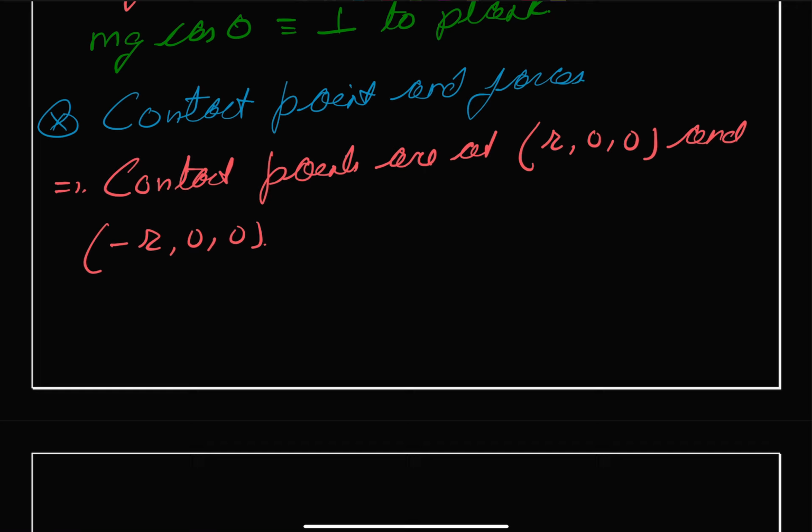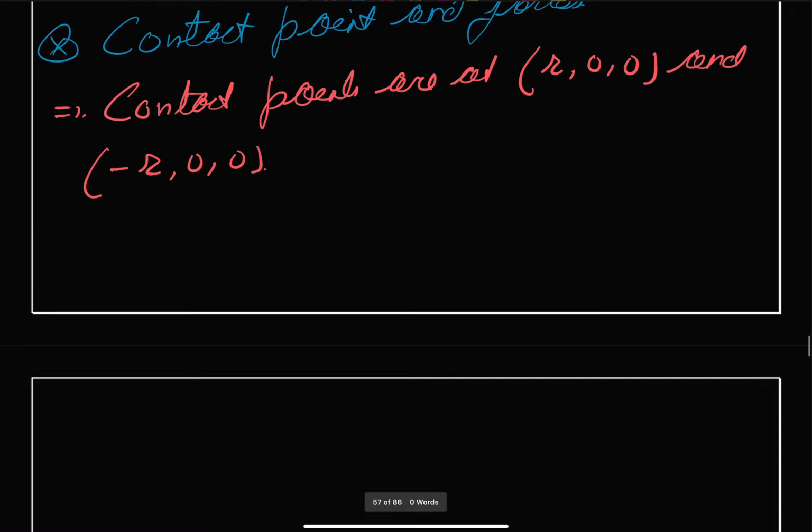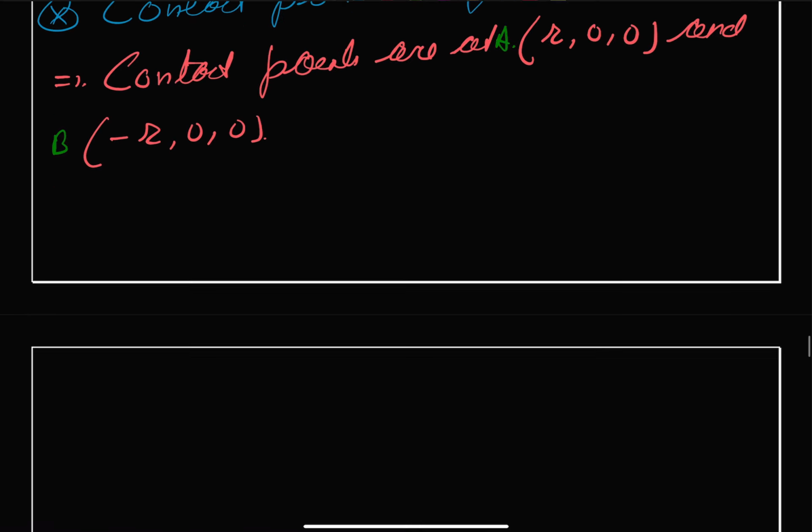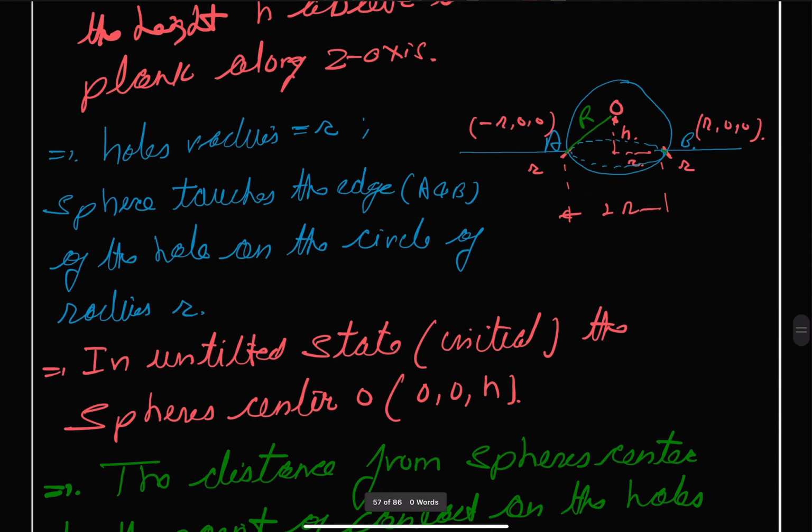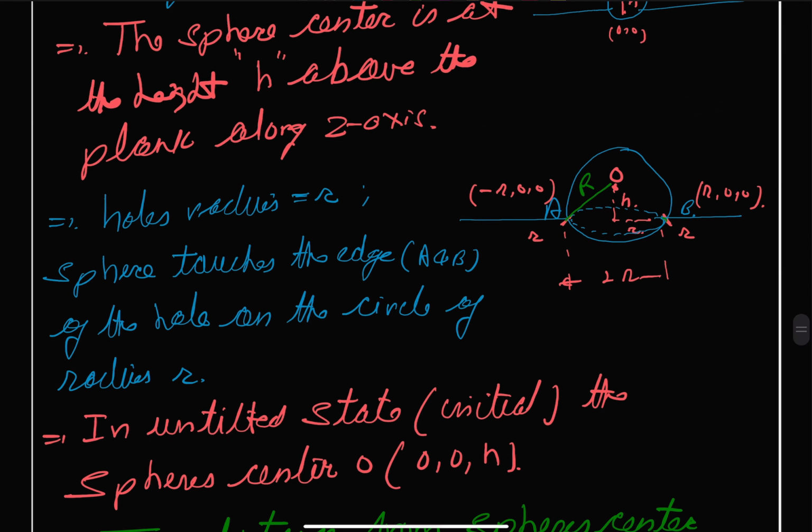And after tilting, we have to analyze the sphere's equilibrium position. Okay, this is our B and this is our A. One second, let me change it.